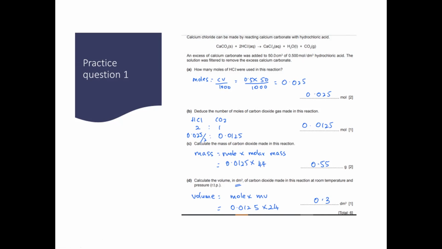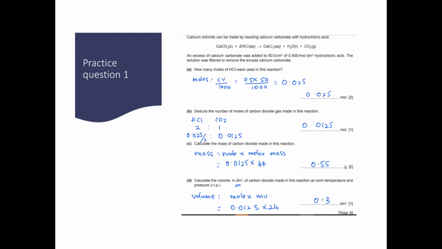Now B, deduce the number of moles of carbon dioxide gas made in this reaction. Over here, we are unable to use the formula to calculate the number of moles of carbon dioxide, so we have to look at the equation and use the ratio method.